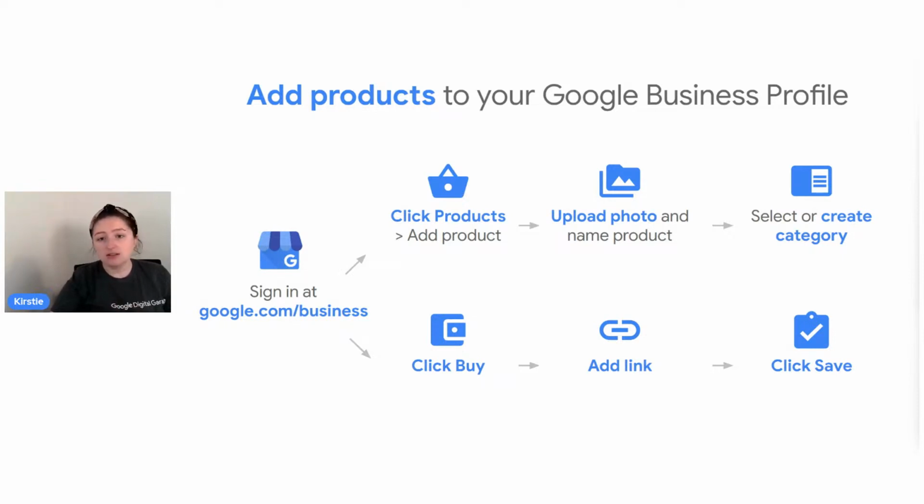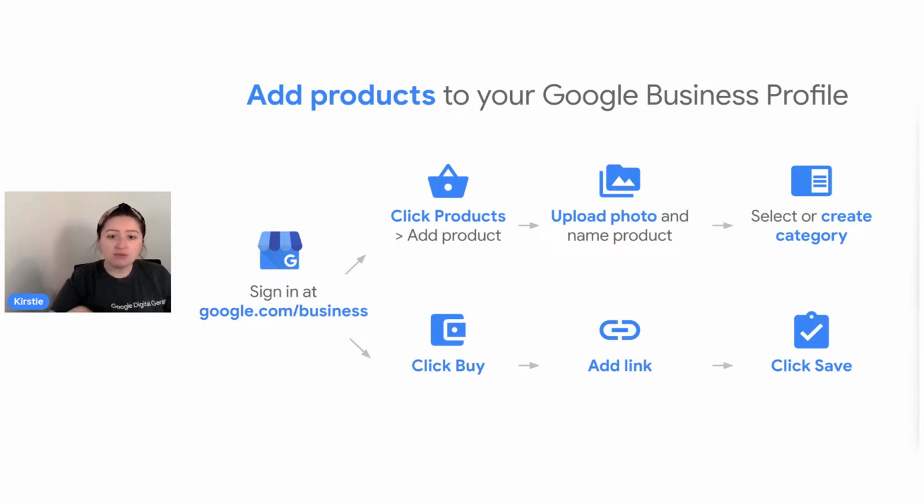It will then ask us to upload a photo or a demo photo and add the name and description of that product, so we can start to fill that out. And it will also ask us to select a category that product sits in. So we can start to understand exactly what we've got and build a catalogue in that Google Business Profile about what we're selling as products.